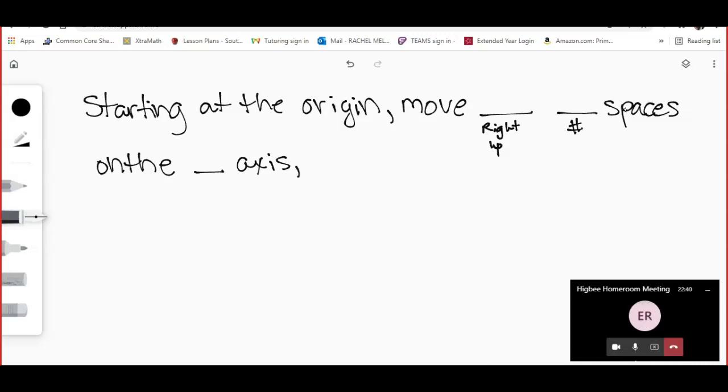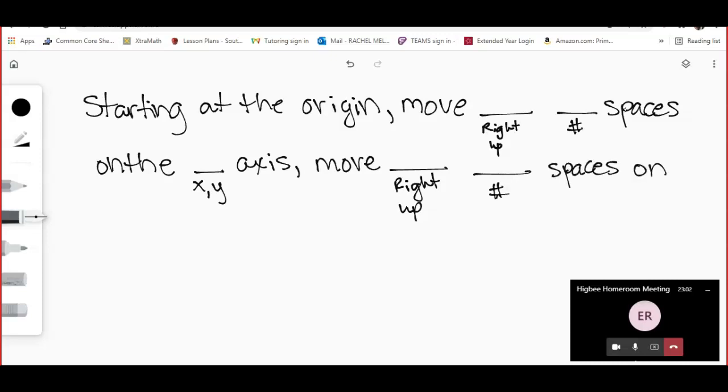So what are my two choices for the blank axis? X or Y. Then move, again, my choices are right or up, blank amount of spaces on the blank axis.